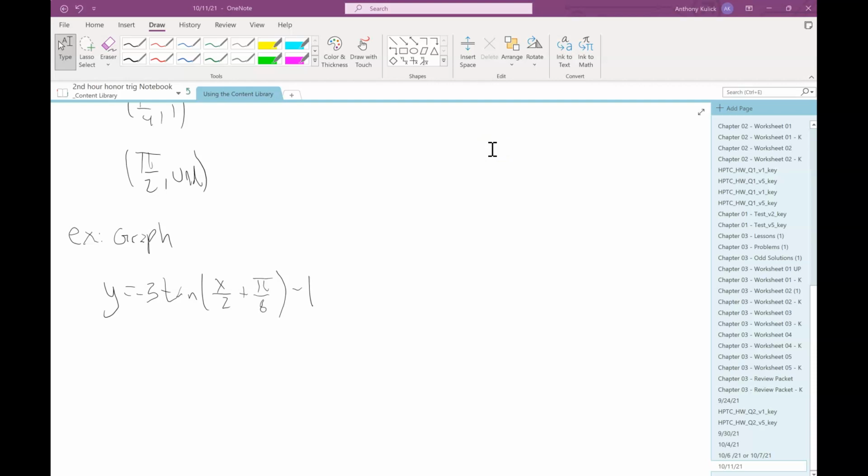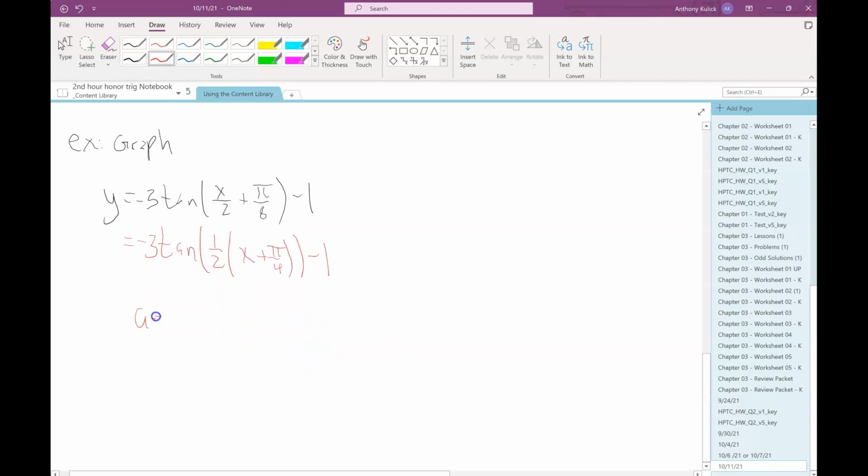So the first thing I'd want to do is identify my values for A, C, H, and K. To do that, I would start by writing this in our standard form for a transformation. So I'd factor the 1/2 out from inside my tangent function. So my A is negative 3, my C is 2, my H is negative pi over 4, and my K is negative 1.